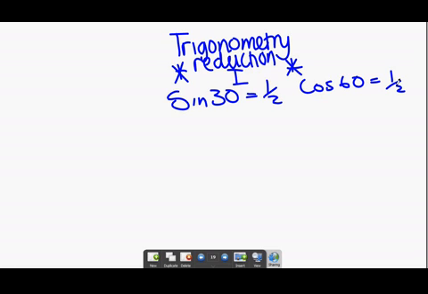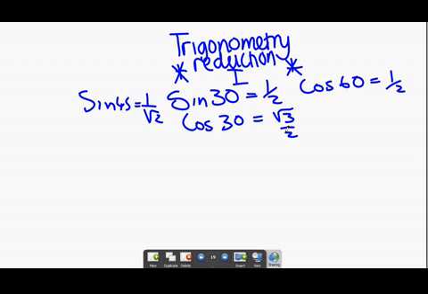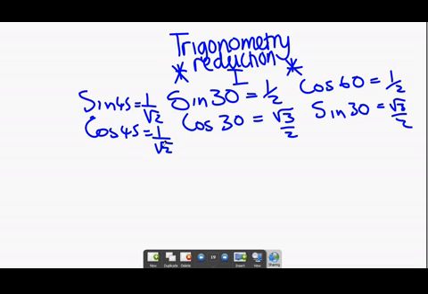And I also know that sine 45 is equal to 1 over root 2, and then cos 30 is root 3 over 2, just like sine 60 is root 3 over 2, and also cos 45 is equal to 1 over root 2.